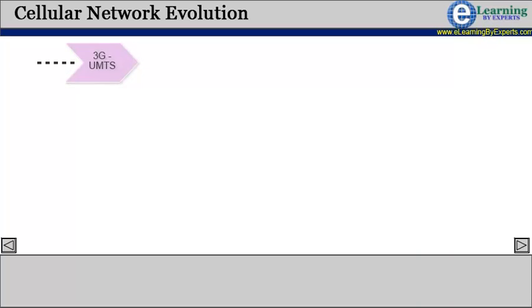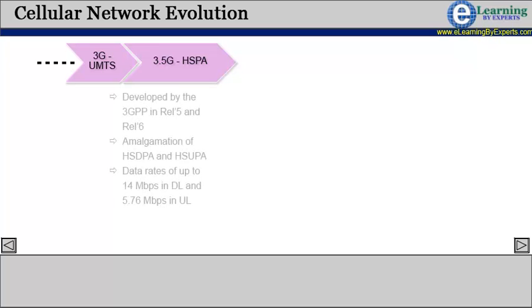High-Speed Packet Access, HSPA, is a mobile telephony protocol that helps improve the performance of UMTS. HSPA is normally referred to as 3.5G, is developed by the 3GPP and is specified in its Release 5 and Release 6 document series, with minor enhancements described in Release 7.